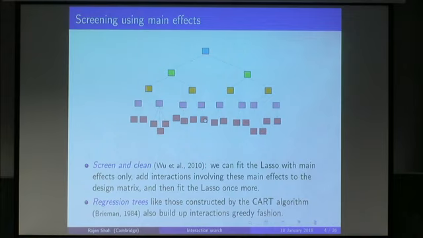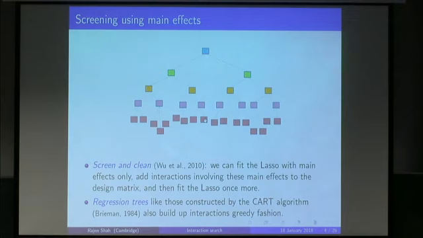One example could be that we run the lasso on our data just on the main effects, get out a selected set, then add the interactions between the selected variables to our design matrix, or augment our design matrix, and then go again with the lasso one more time, and hopefully we manage to pick up some important interactions that way. And regression trees also work in this sort of fashion, where they first find important main effects and then just consider interactions between those main effects.